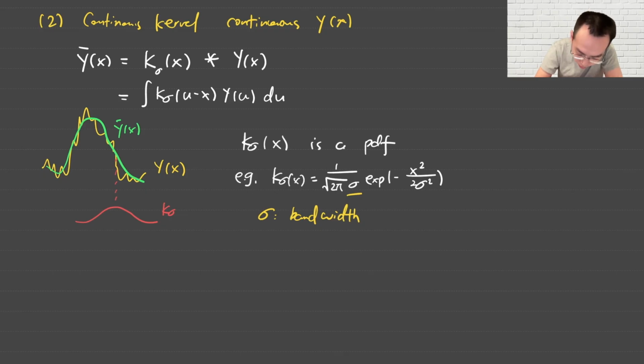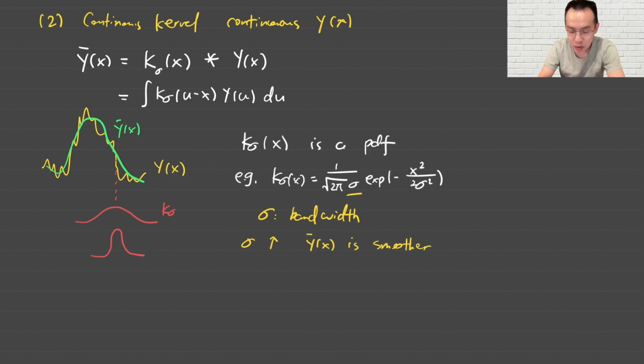The sigma parameter dictates how concentrated we want this to be. Depending on that, we can obtain a curve that is either very smooth or a little bit bumpy, like the original data. This means that when sigma is large, y bar of x is going to be smoother.